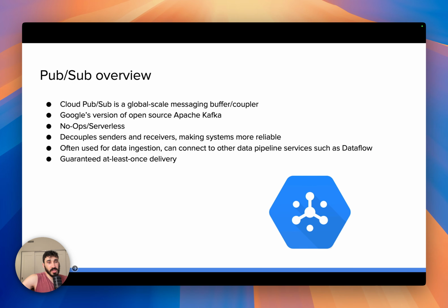All right, PubSub. So PubSub is a global scale messaging buffer, and it is Google's version of an open source tool, again, called Apache Kafka. It's no ops. It's serverless. Apache, again, is the collection of tools that were made open source and built for different big data needs, like in the first decade or two in the 2000s.